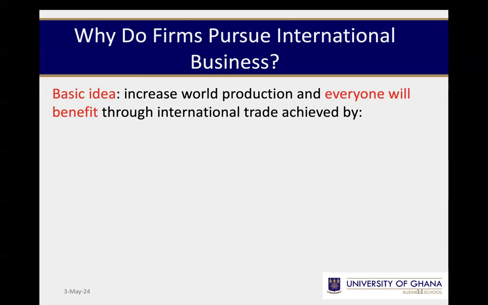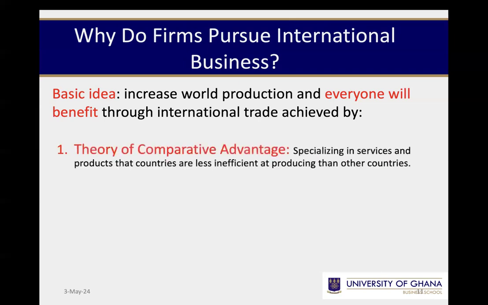Now, the basic idea is that by crossing borders, or by increasing world production, everyone will benefit through international trade. That is achieved first and foremost by one of the theories that justifies international business, the theory of comparative advantage.